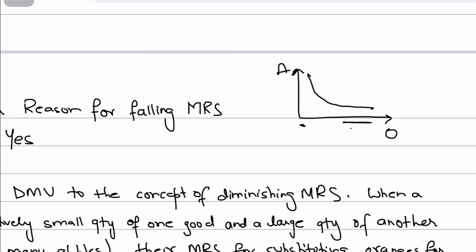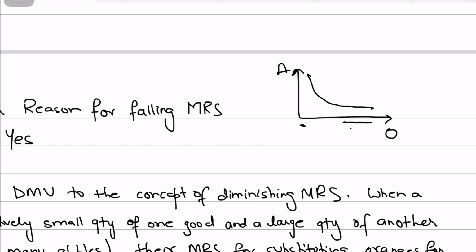As you consume more oranges, the marginal utility you get from each unit of X decreases. And this is the law of diminishing marginal utility. As you consume more of X, the marginal utility from X declines.